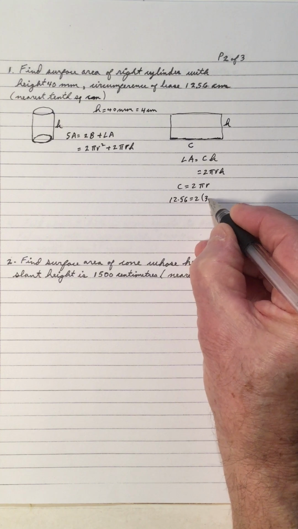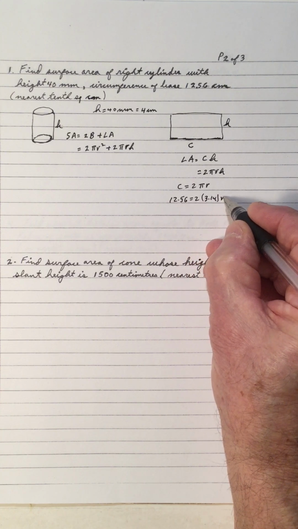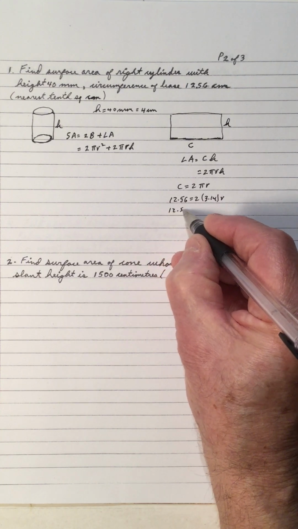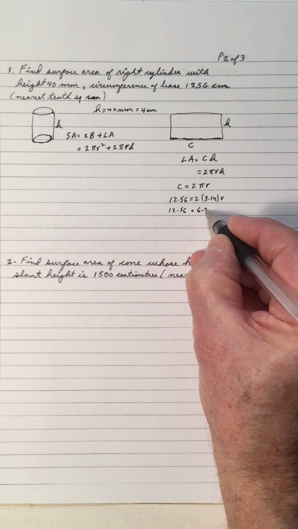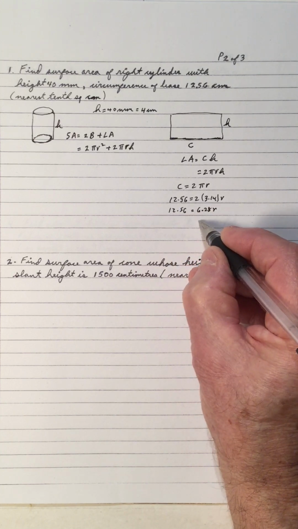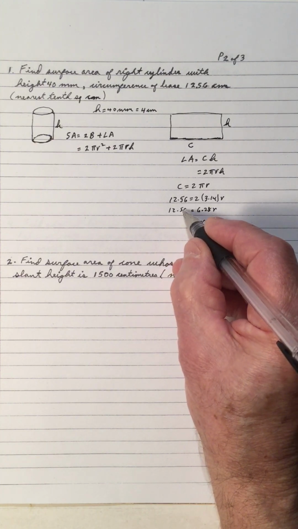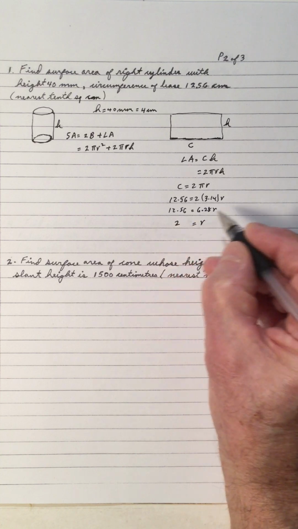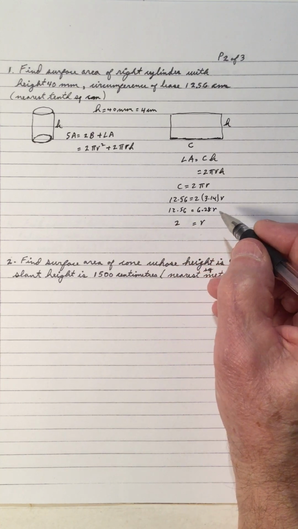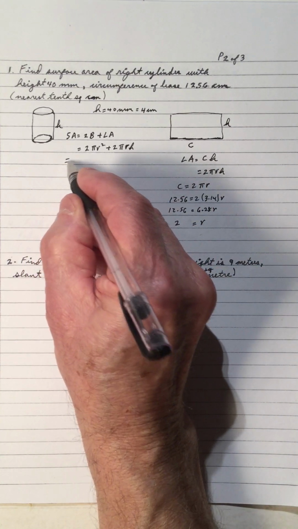2 pi is 3.14 times 2, so that gives 12.56 equals 6.28 r. If I divide by 6.28, that goes into 12.56 2 times. So the radius is 2. Now I have all the info to solve this.